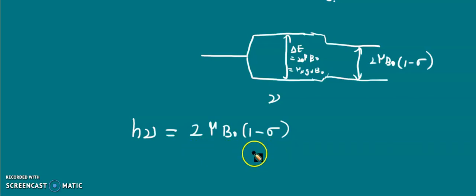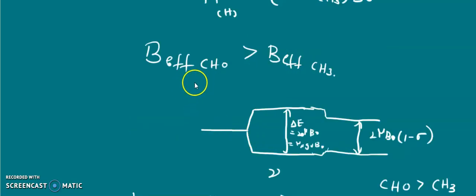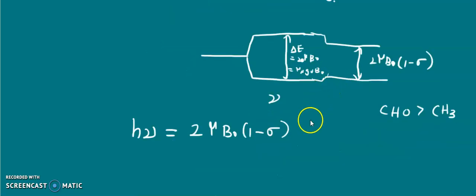Here the frequency is fixed and B0 is varied, and this effective magnetic field B0 into 1 minus sigma in the CHO group in acetaldehyde is greater than the B effective of the CH3 group. Therefore, the resonance happens for the CHO group at a lower magnetic field compared to the proton in the CH3 group.